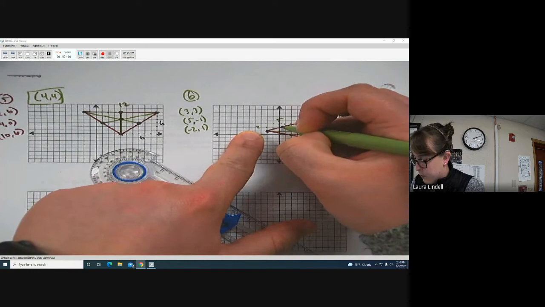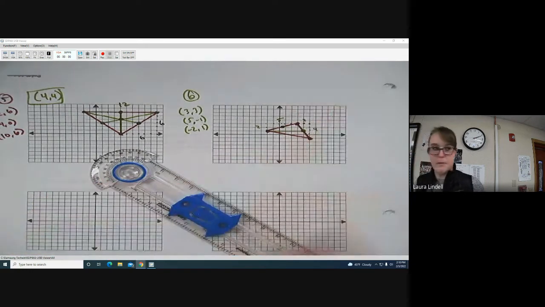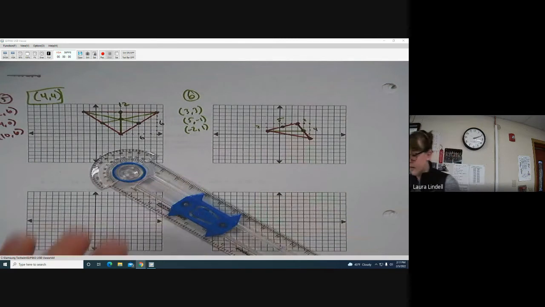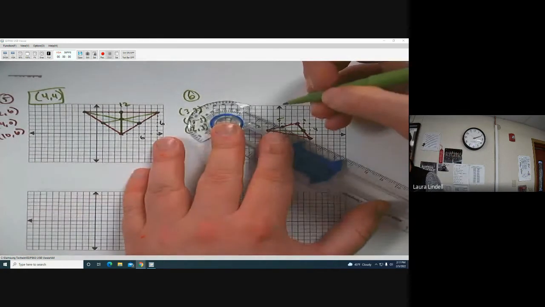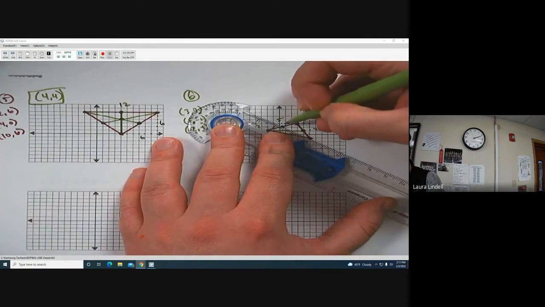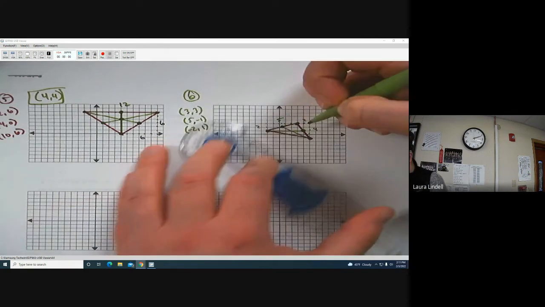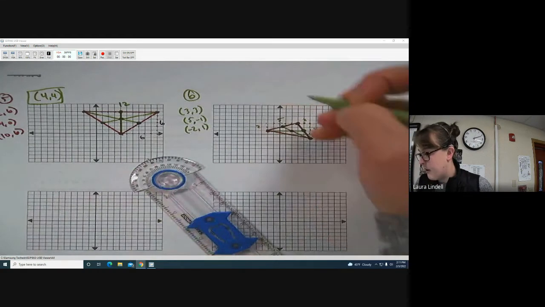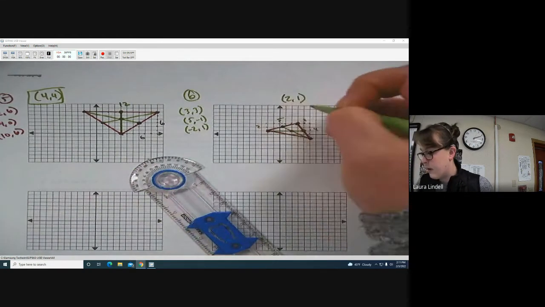So I'm going to go down 1. And there's my midpoint. And so you're just kind of getting it close to where it's supposed to be, since I don't have exactly 0.5. But close enough is good enough in this case. And then I draw my median. And we notice that they cross at the coordinates 2, 1.